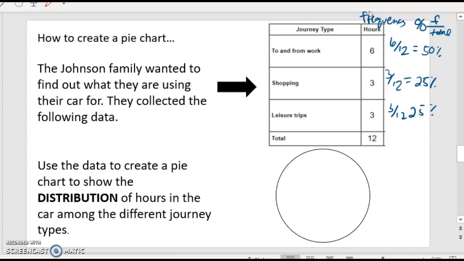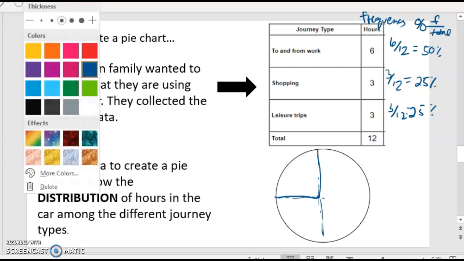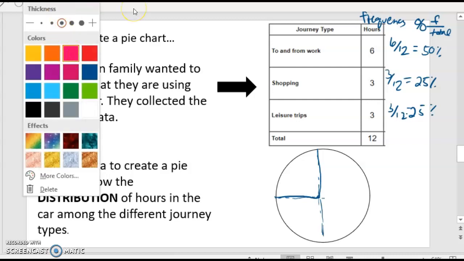Okay, and then from there, when you're making your pie chart, you find the middle. Like I said, I like to split it into halves, and then I split it into quarters, which in this case is conveniently the numbers that I'm going to use. Now that I've gotten my proportions set up correctly, I have to make sure that I label. And you can label in a few different ways. You can write the names within the pie chart, but that sometimes is kind of long.